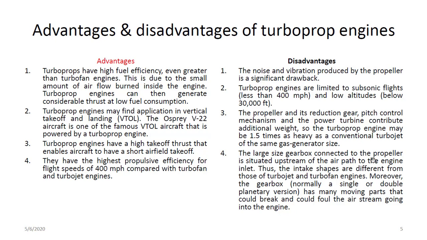Hence you need to find a way of designing your intake system, because the intake of a turbojet and a turbofan is open to the free stream. But if you've got an obstruction, then the amount of air that you can ingest will reduce. And if you reduce the amount of air being ingested, then you also reduce the amount of energy that can be extracted from a given amount of fuel. So this is another drawback.